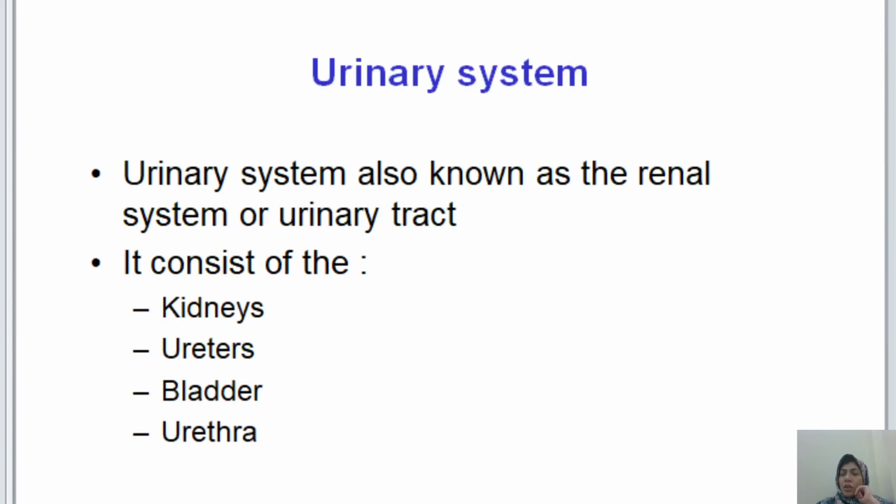Okay, the last topic is about the urinary system. The urinary system, also known as the renal system or urinary tract, consists of the kidneys, ureters, bladder, and urethra.